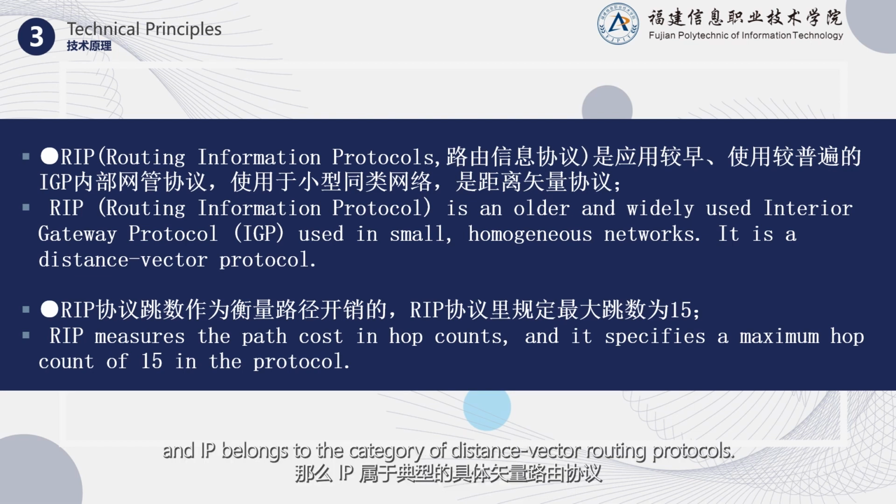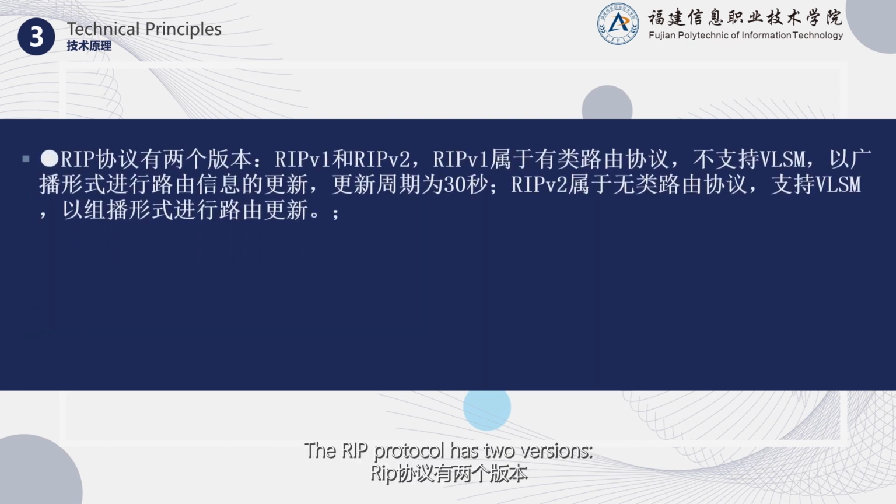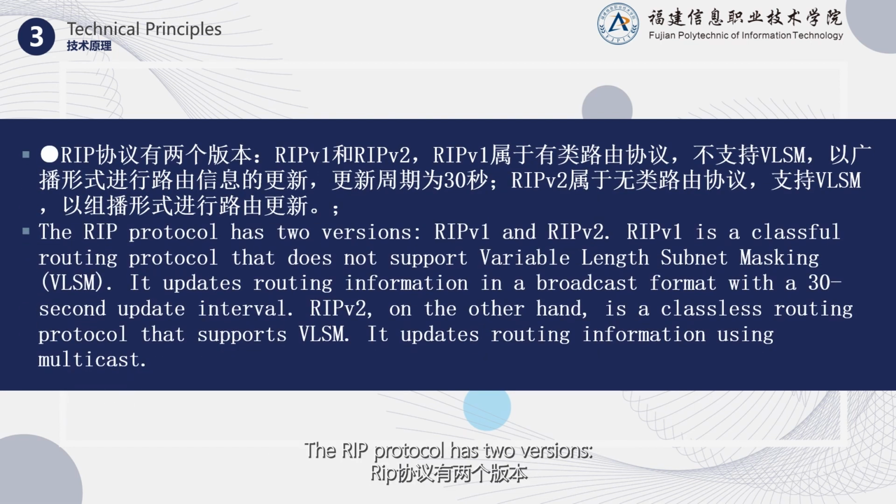And it belongs to the category of distance vector routing protocols. In the RIP protocol, hop count is used as the metric to measure the path, and the maximum hop count allowed is 15. The RIP protocol has two versions, version 1 and version 2.